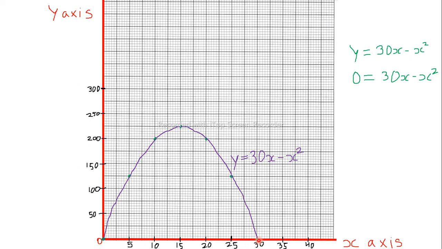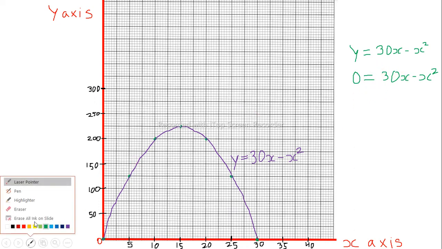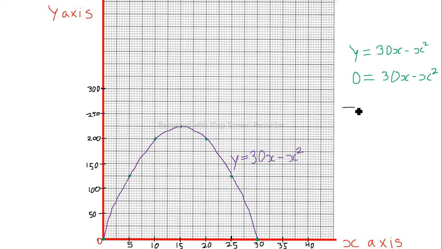That means the values of x that would make this equation true are x equal to 0 and x equal to 30. This is true only when x is 0 and when x is 30. That's what we could deduce from this graph.